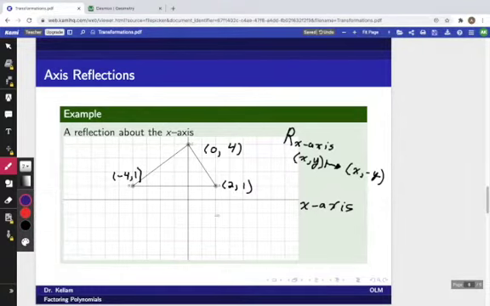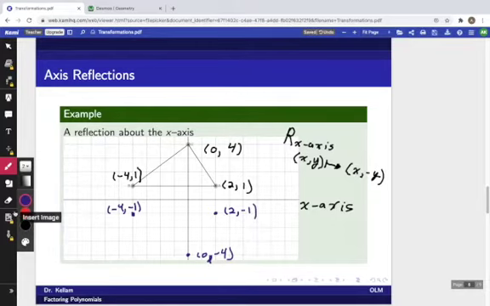We have point A, which is at 2, 1. We're going to move that to 2, negative 1. This C, which is 0, 4, we're going to move to 0, negative 4. And negative 4, 1, we're going to move right here, which is going to be the point negative 4, negative 1.